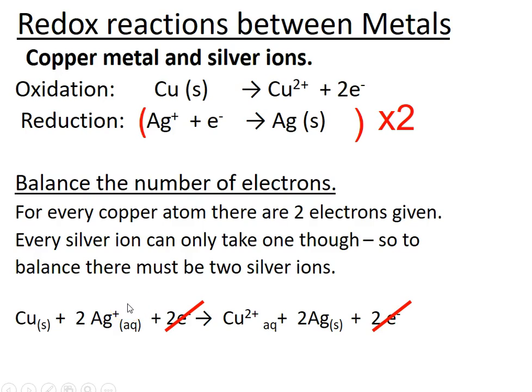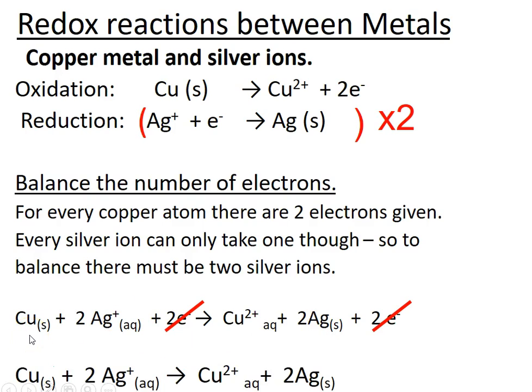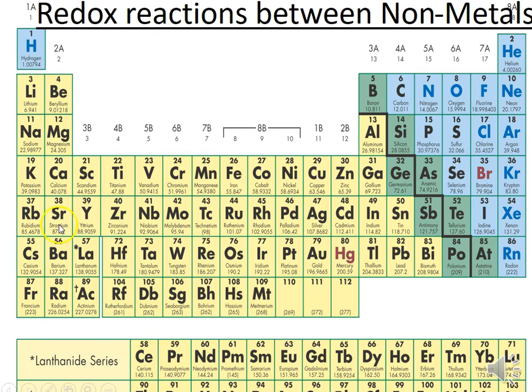It's not involved in this reaction, so we can just leave it off. It makes it less complicated. So if it was silver chloride, you would make copper chloride, which would be floating around in solution, and you've got silver metal rather than copper metal. Alright, so that's reactions between a metal that has its electrons and a metal ion that's lost them.